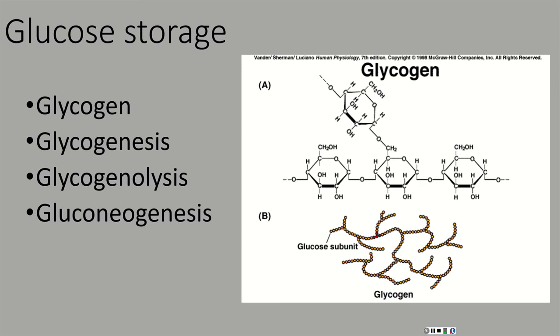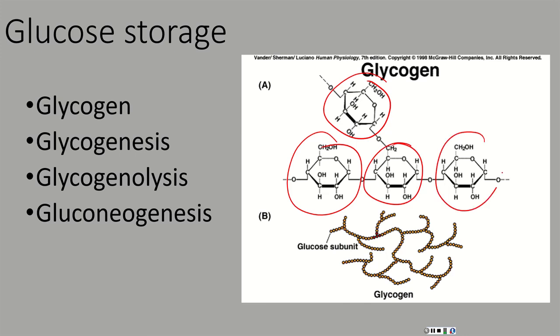Instead, we're going to store it as something called glycogen. We have a molecule of glucose, another molecule of glucose, another, and so on, and we just attach one to the next, to the next. We end up with this long branching chain, a lot of glucose stuck together, and that's called glycogen.